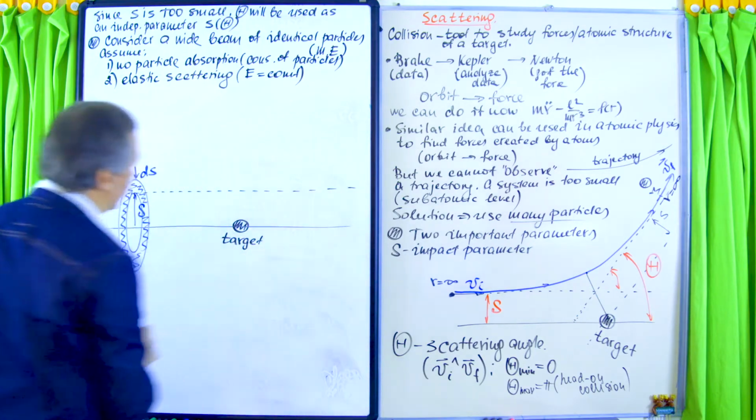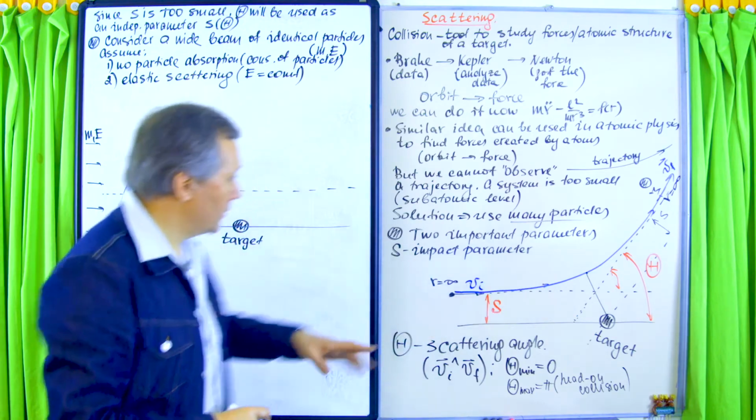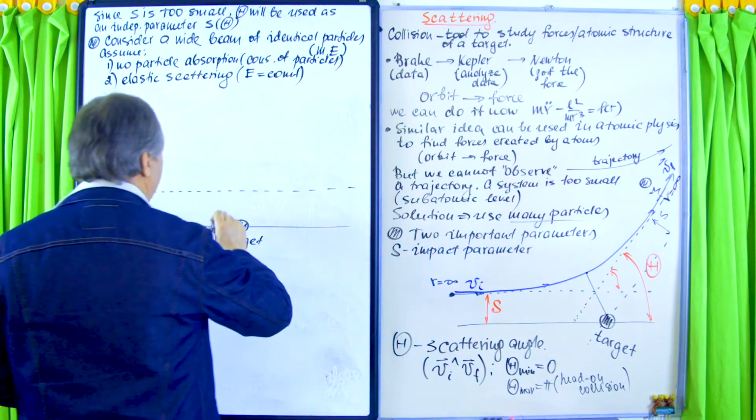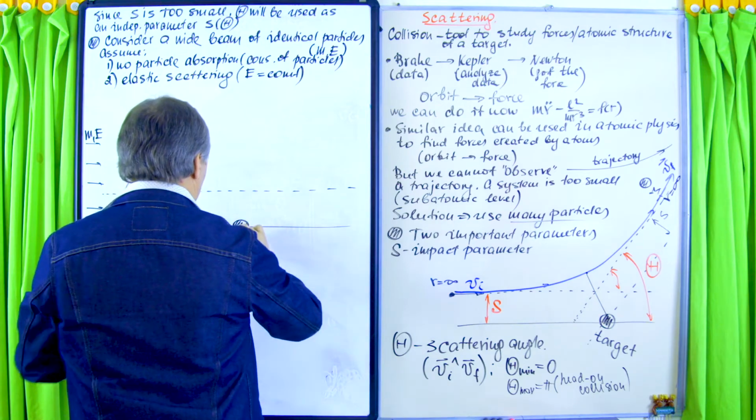This is the asymptote, right? And of course, after scattering, now I need to draw this asymptote, right? So it will go probably, let's assume, along this direction, right?